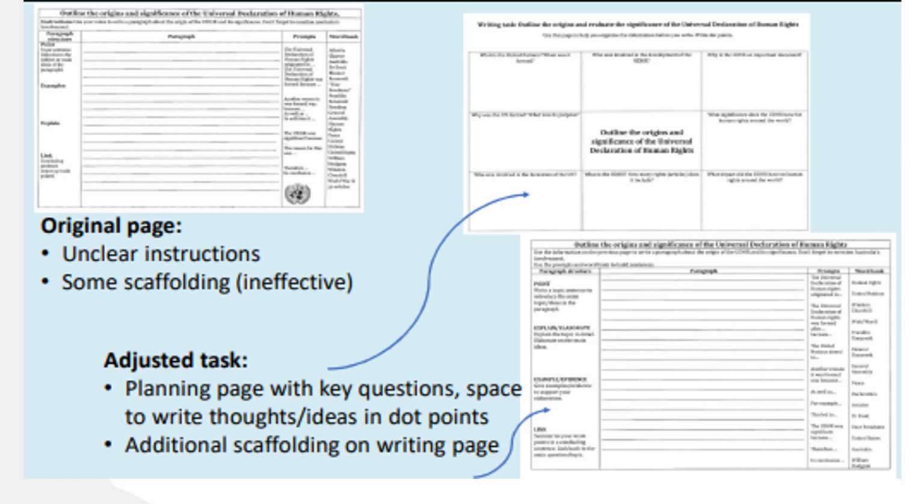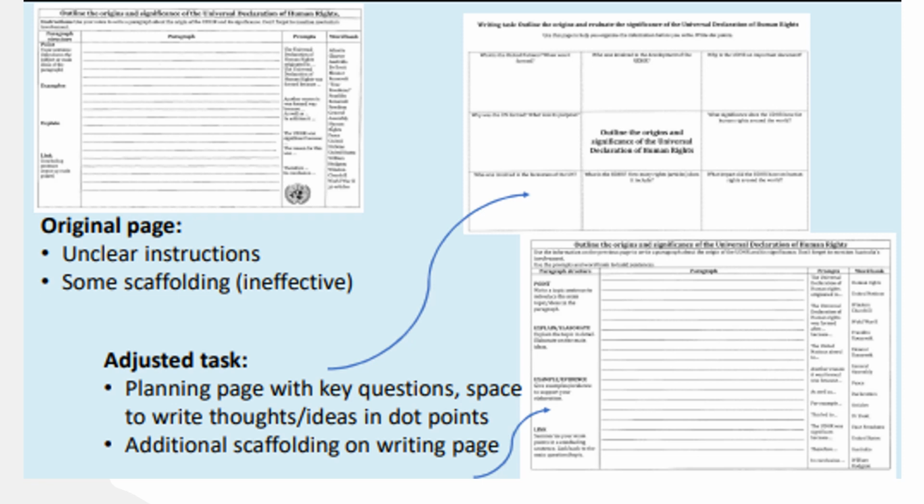Again, you might want to refer to your PDF. There's an example of the original assessment task where the instructions are unclear and there is a bit of scaffolding, but it's a bit ineffective for the EALD learners.